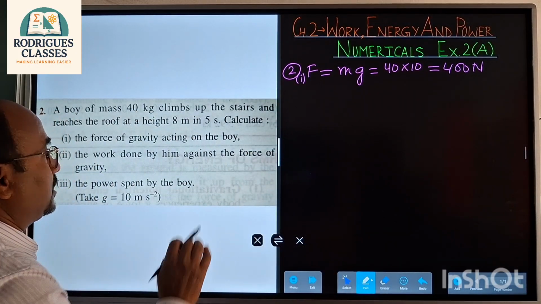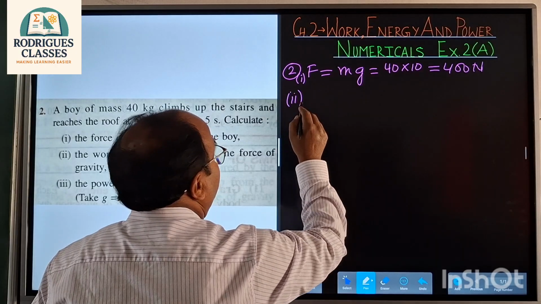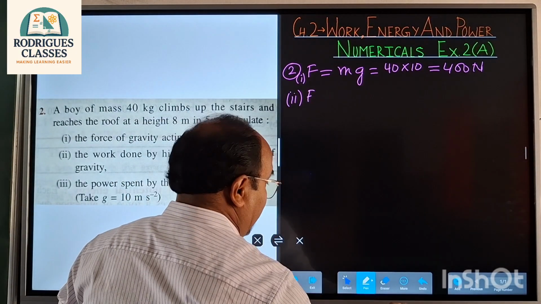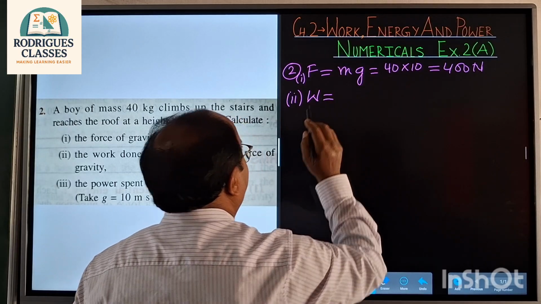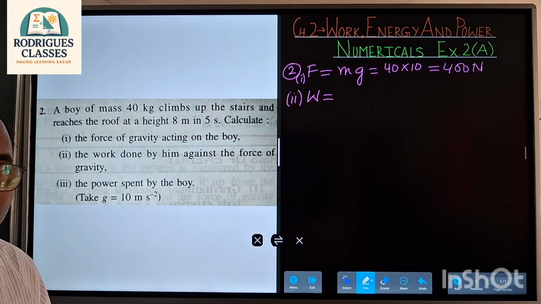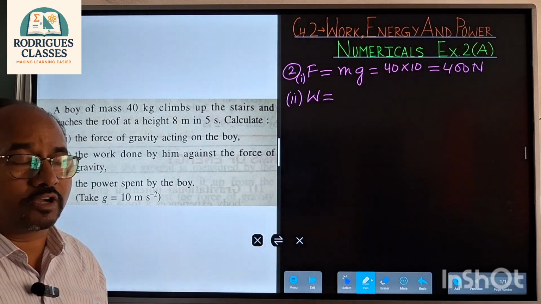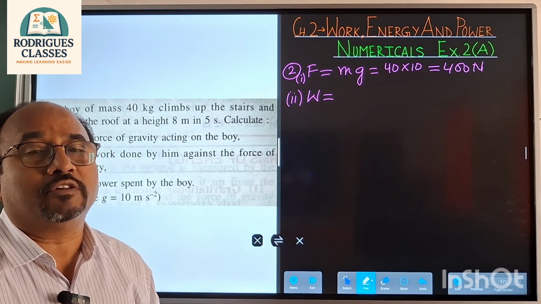Second part, the work done by him against the force of gravity. As I had told when I was telling the formula, I can use it here mgh, or because the force is already known, I could use also force into displacement.